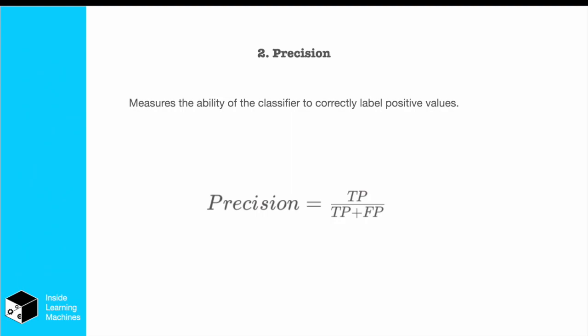So here we are simply getting a measure for our classifier's ability to correctly identify all the labels that are labeled with a 1 in our case. Like with accuracy, precision has a maximum or an ideal value of 1 and a minimum value of 0.